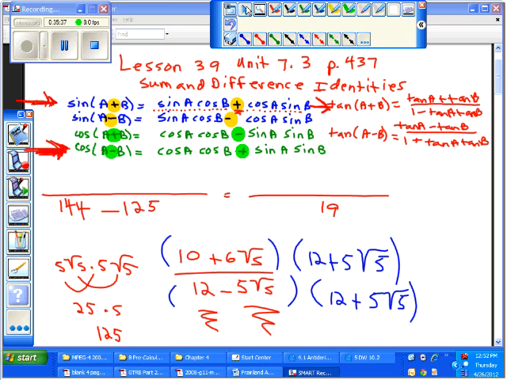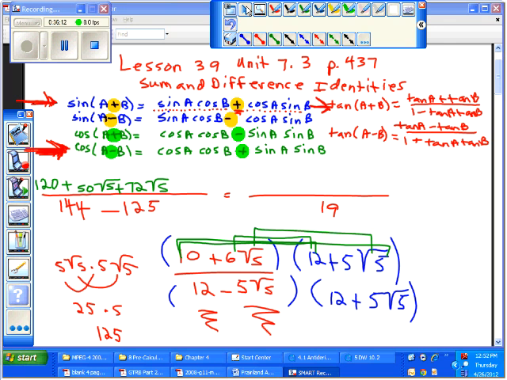Now, we have to FOIL the top out, right? Firsts, 10 times 12, 120. Outers, 10 times 5 square root 5, 50 square root 5. Inners, 6 square root 5 times 12, plus 72 square root 5.